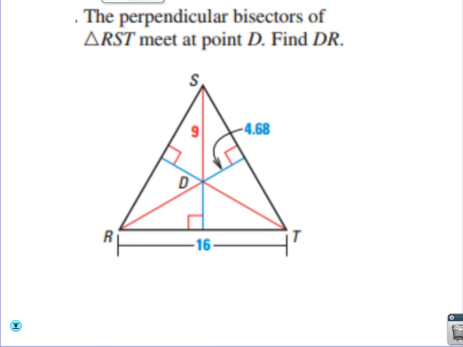So in this case, this perpendicular bisector, this perpendicular bisector, point D is called a circumcenter. So, what's it saying? Perpendicular bisectors of RST meet at point D. Find DR.